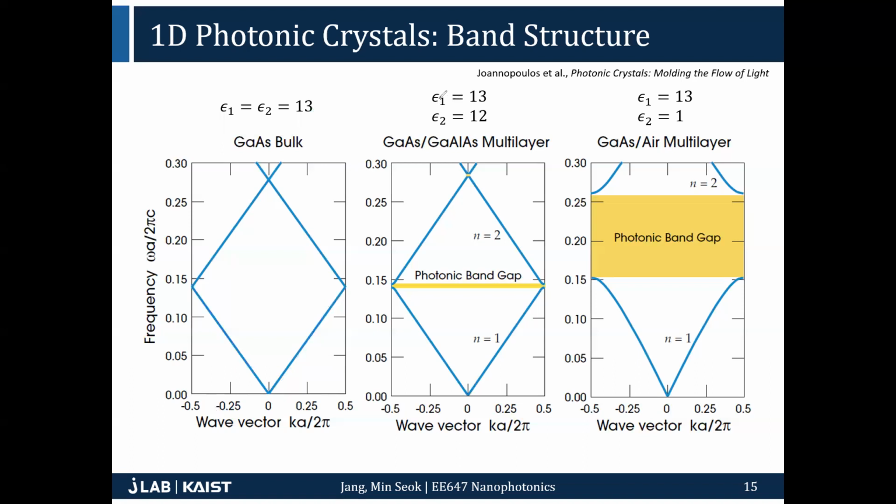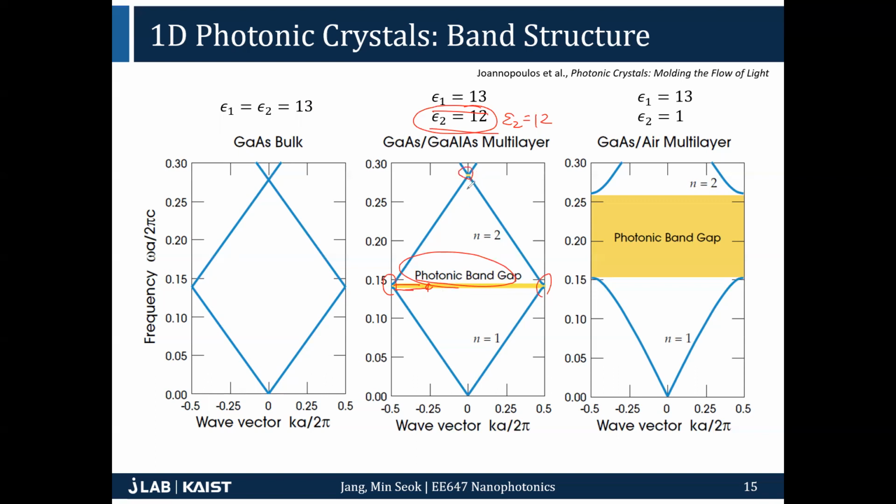But now, if you change epsilon 2 a little bit to epsilon 2 equals 12, then a strange thing happens. At the zone boundary here, there appears a region where there is no state, no propagating state, for a certain range of frequency, which is called the photonic band gap.